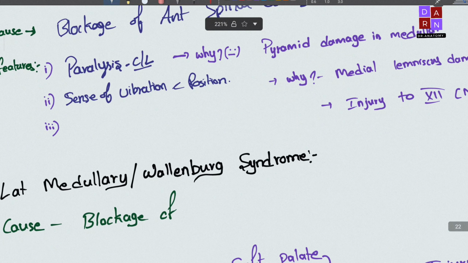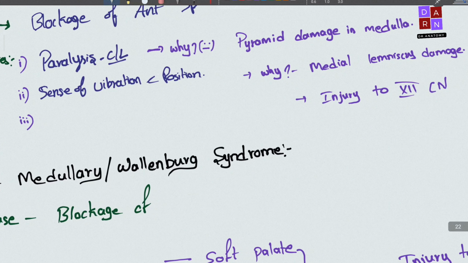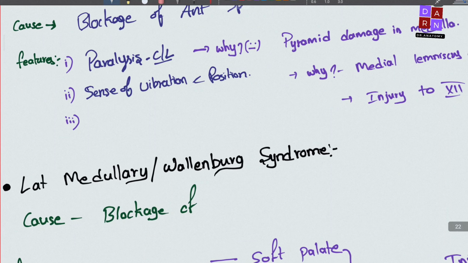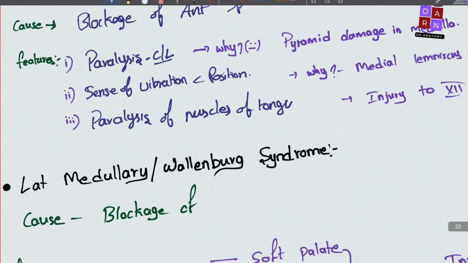The third is injury to the 12th cranial nerve, causing paralysis of the muscles of the tongue. Is it contralateral or ipsilateral?